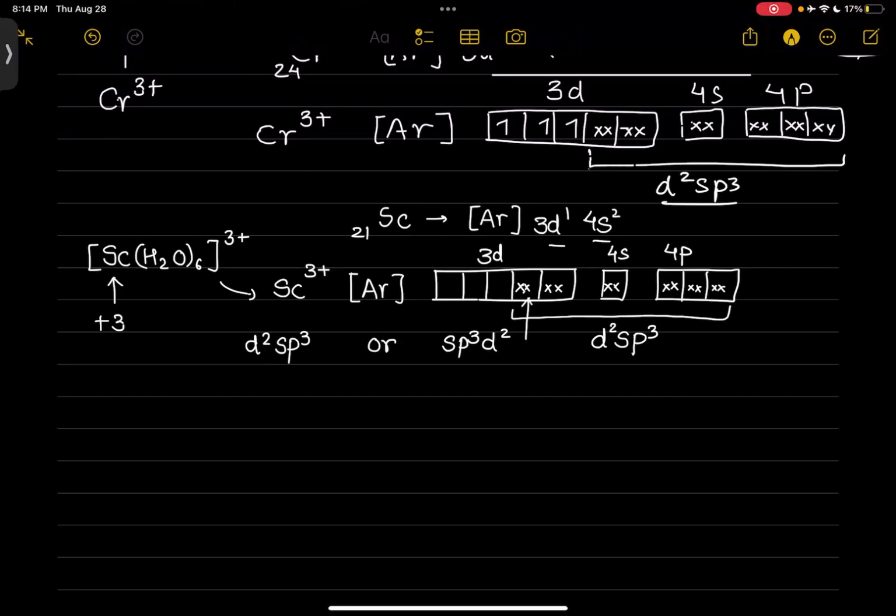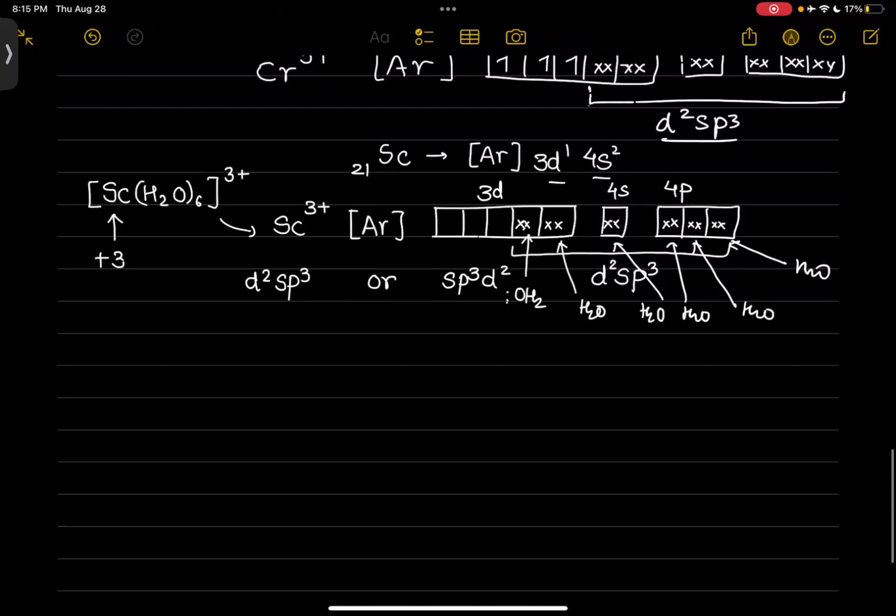So these are the pairs of electrons donated by the water of the aqua ligand. And it is going to be d2sp3, not sp3d2.